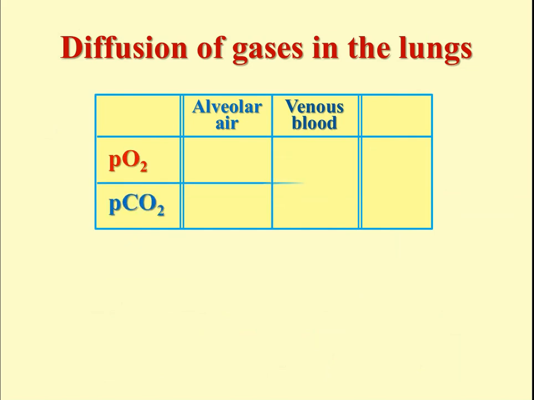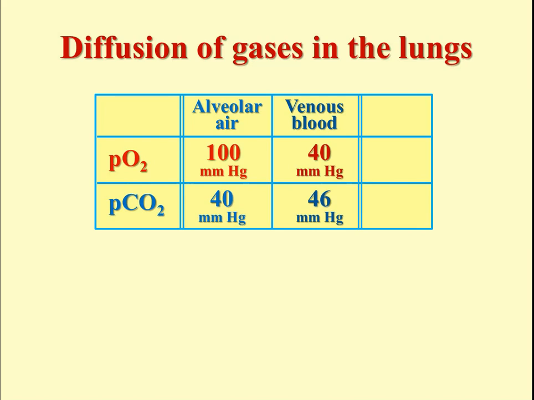PO2 and PCO2. For the alveolar air, these are 100 and 40. For venous blood, the pair of values is 40 and 46 millimeters mercury. And the remaining column for the table is for the gradient, the difference. You see, the difference between alveolar air and venous blood in PO2 makes 60 millimeters mercury.